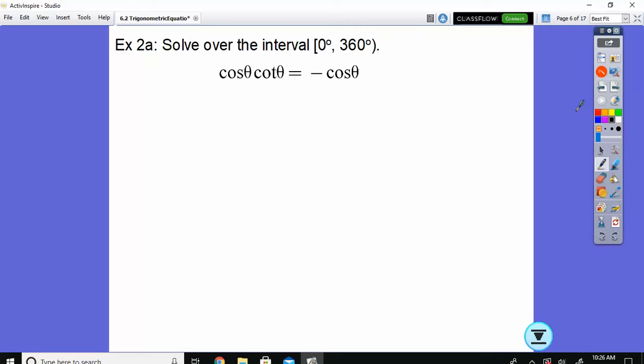So it's not as simple as the other one where I can just get the sine or the tangent by itself. There are different options for how to proceed. You can try using some identities and things along those lines. You might also just try, you notice I have cosine more than once. I am going to add over my cosine theta. So we have cosine theta cotangent theta plus cosine theta equals 0.